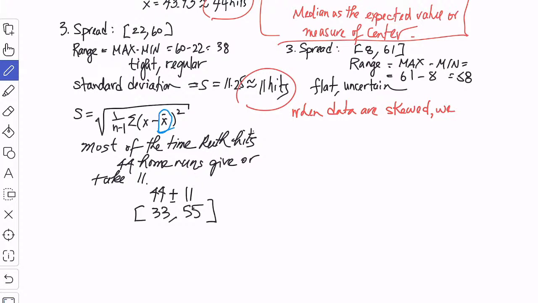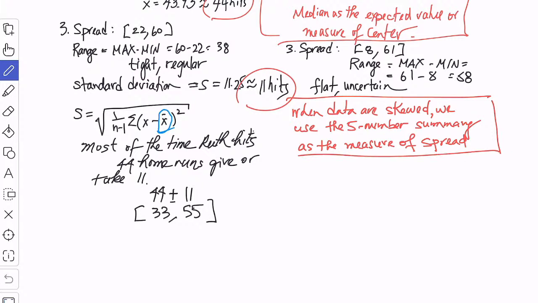We use what's called the 5-number summary as the measure of spread. Okay, we do not use standard deviation. So you need to remember that.